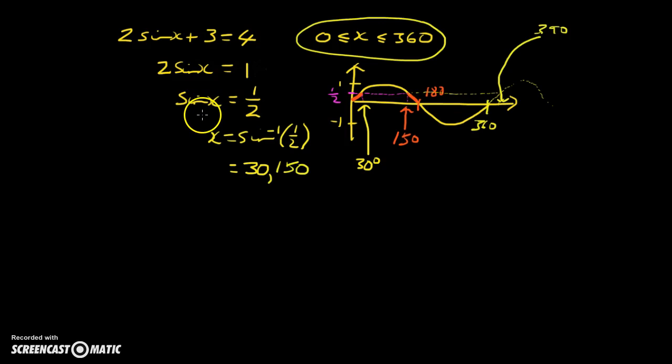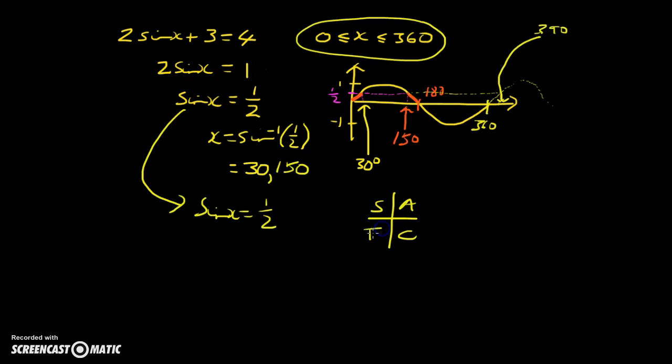Right, back to this equation and solving it using the CAST quadrant. So when we get to this stage, we could use a CAST quadrant instead of our graph. What we do is look and see if the sine is positive or negative.